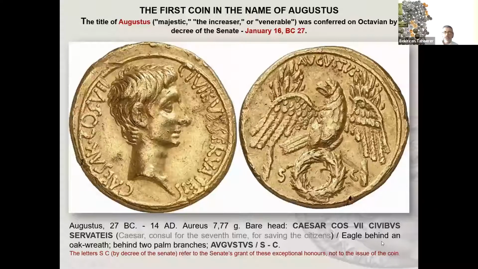On the reverse is an eagle behind an oak wreath, behind 2 palm branches, and Augustus SC. The letters SC, by decree of the Senate, refer to the Senate's grant of these exceptional honors, not to the issue of this coin. So we have to keep that in mind.